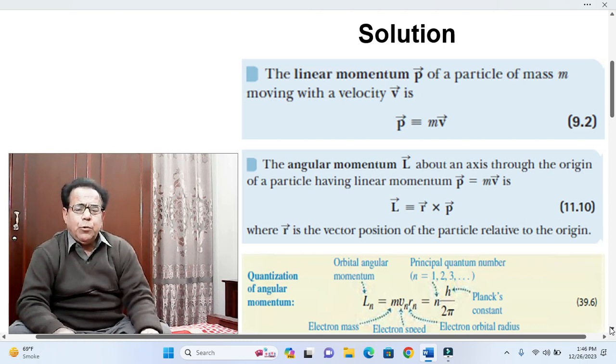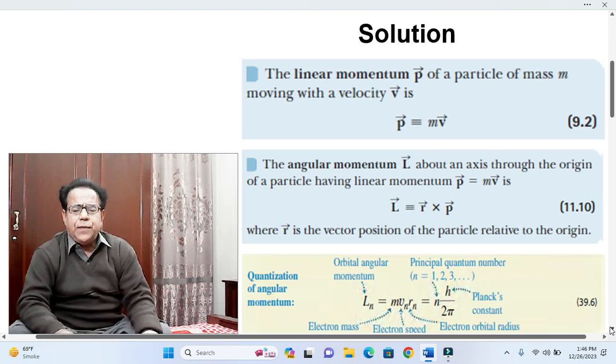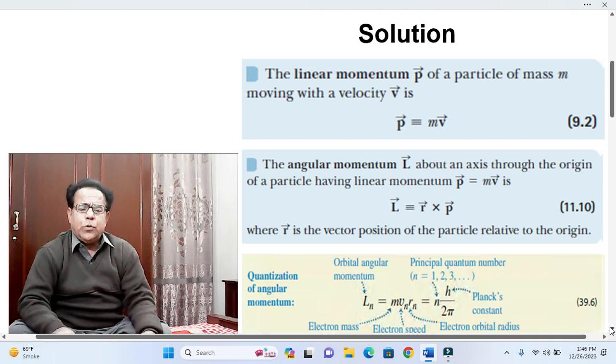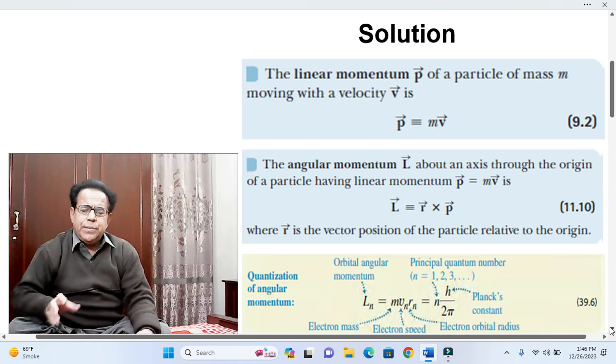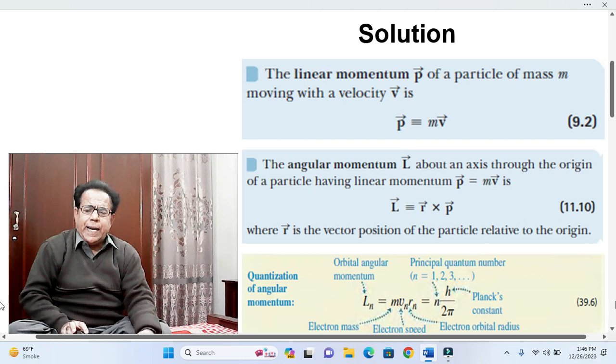The linear momentum P vector of a particle of mass m moving with velocity v vector is defined as m v vector. Here there are three lines. It is sometimes read as equivalent to, sometimes as equal to, and sometimes as is defined as. Okay, so this is linear momentum.